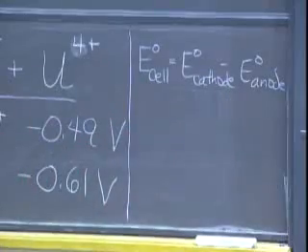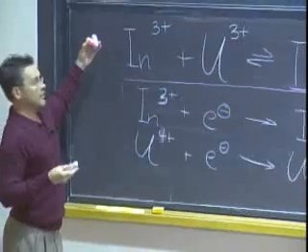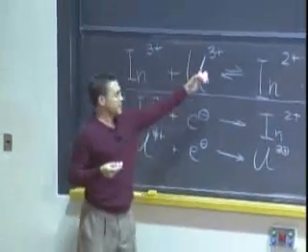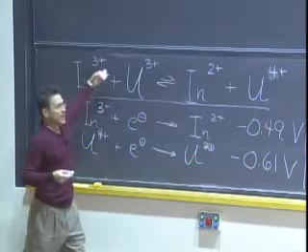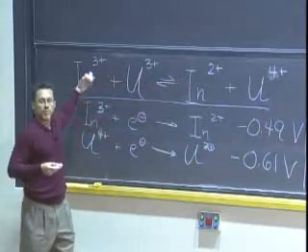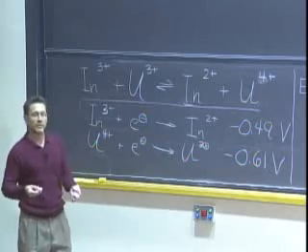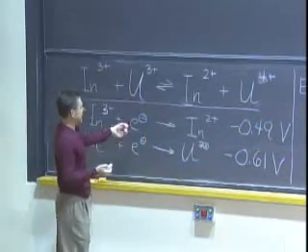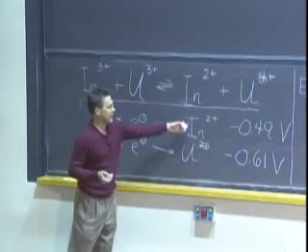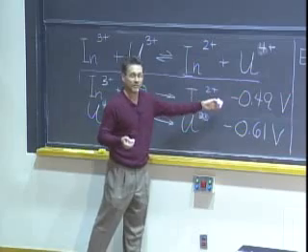And what we can see here is that this reaction is going to proceed spontaneously as written, because in going from left to right as written, uranium plus 3 is going to plus 4. So uranium is the reducing agent, and it is a stronger reducing agent than the other possible reducing agent, indium 2 plus, because it's more negative than indium 2 plus.